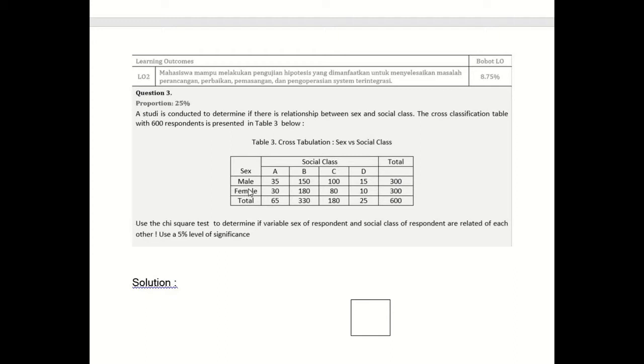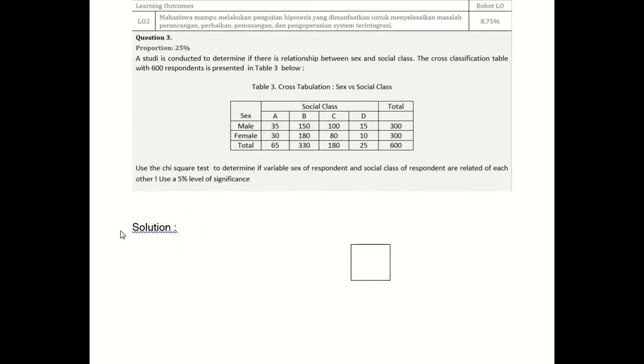We have two sexes, male and female, and social classes A, B, C, D, and this is the total of both categories. Use the chi-square test to determine if the variable sex of respondent and social class of respondent are related to each other. Use a 5% level of significance.